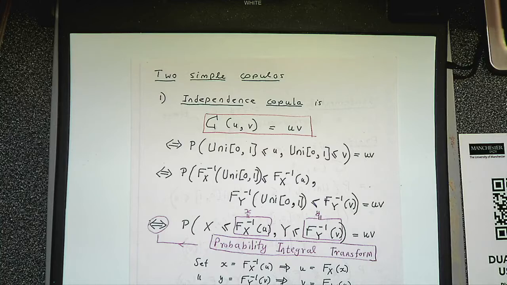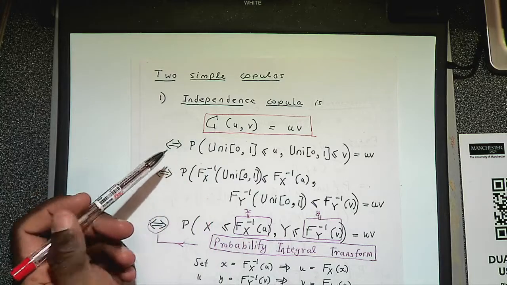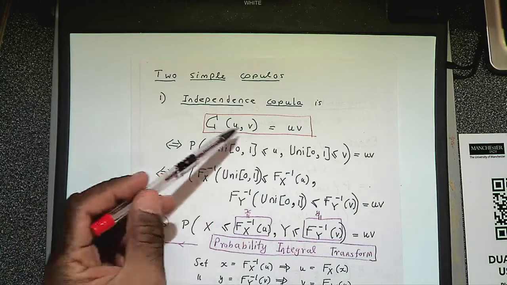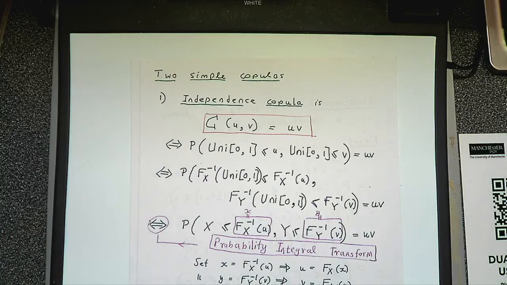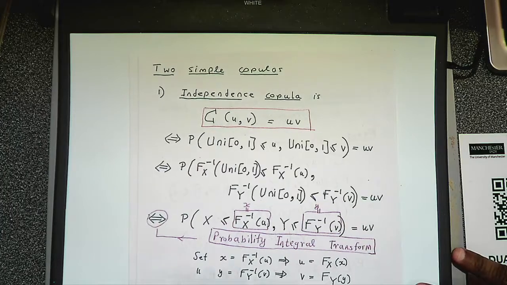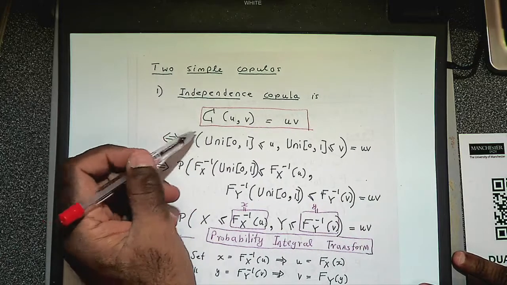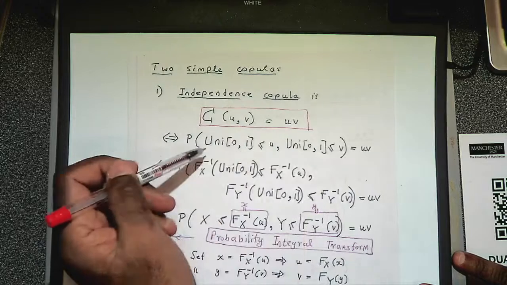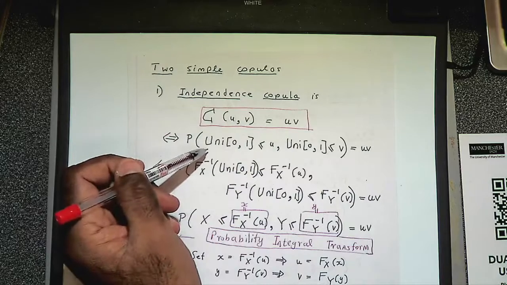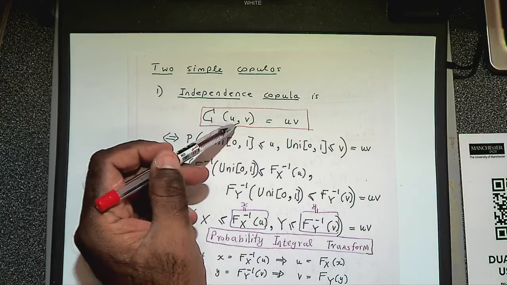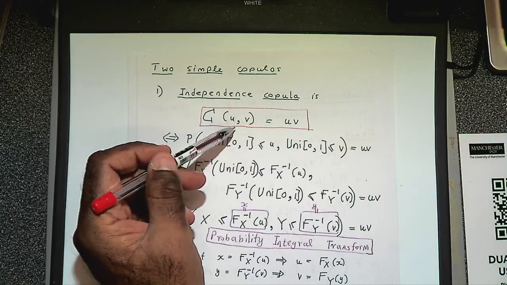Okay, so the independent copula is given by this equation, that C of u comma v is u times v. Now, let me explain why it is referred to as the independent copula, right? First of all, this is equivalent to this statement here by definition, right? By definition, C at u comma v is this, right?